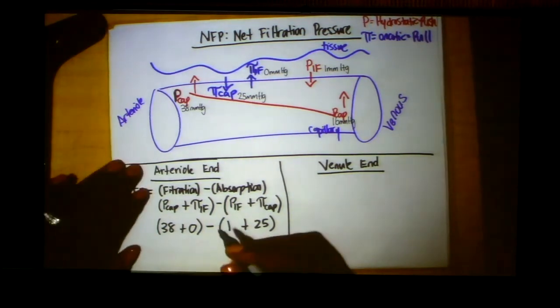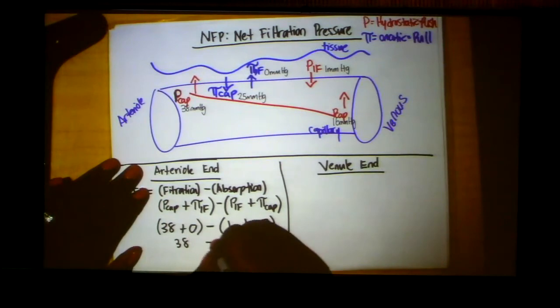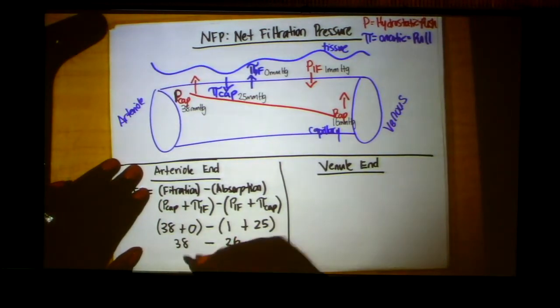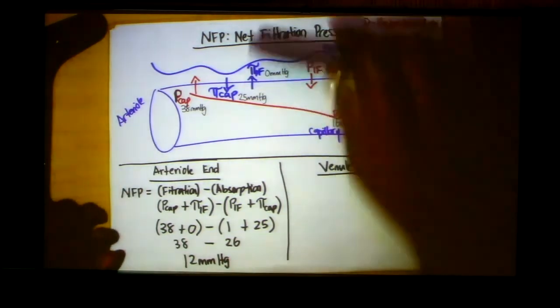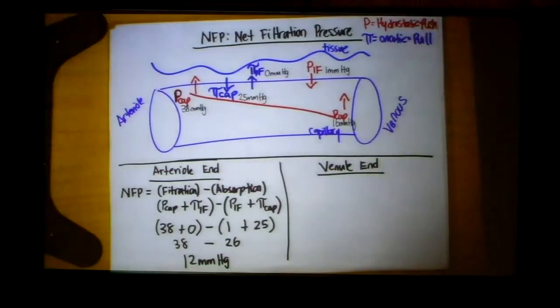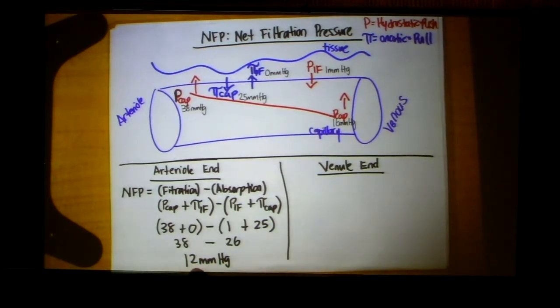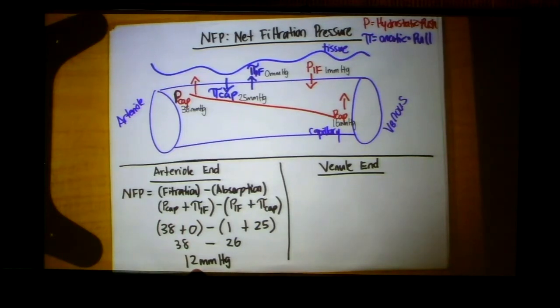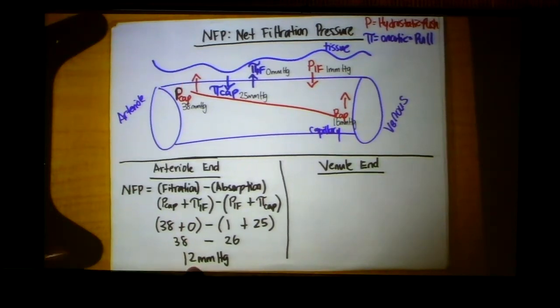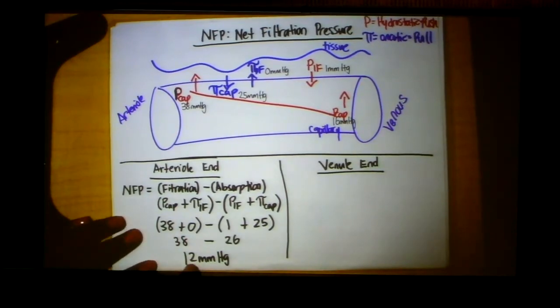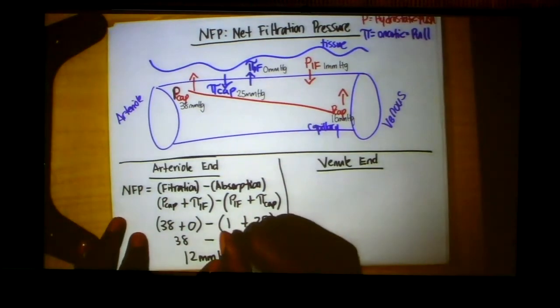That gives us 38 minus 26, which is about 12 millimeters of mercury. We can either look at the actual numbers to determine the net movement of fluid, or just look at whether the value is positive or negative. Because this is a positive number, and because filtration is the bigger value, we know that this favors filtration.